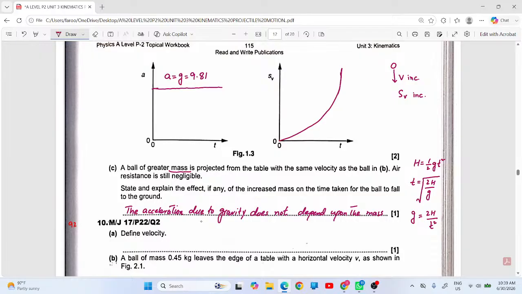Hence, there will be no change in the time taken for the ball. The time taken remains the same.